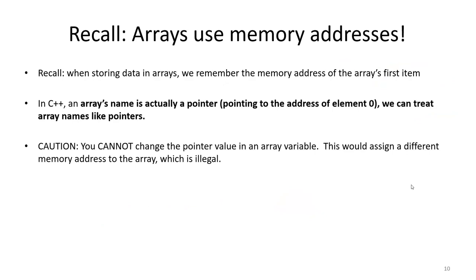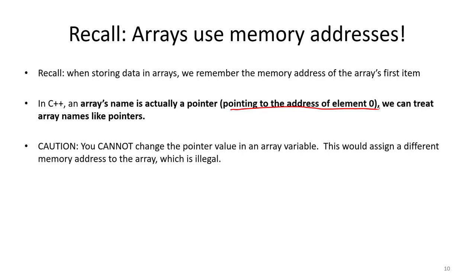So the key takeaway here is to remember that when storing data in arrays, we've actually been using pointers. In C++, the name of an array is actually a pointer which points to the memory address of element 0. Because of this, we can treat array names like pointers, and we can use our pointer syntax with the name of an array in order to manipulate data inside.